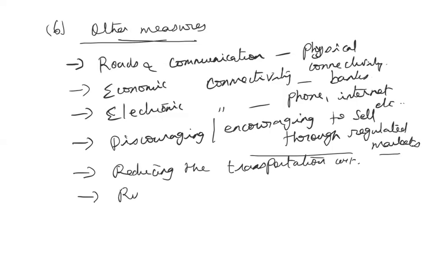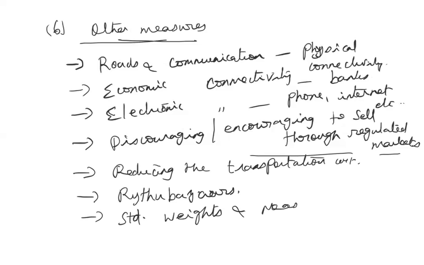The Raitu Bazaar, a novel idea in Andhra Pradesh, directly eliminates the middlemen, directly selling the commodities to the customers. So Raitu Bazaars and standard weights and measurements. If they are selling through regulated markets, all these are ensured. And we have already seen warehousing facilities even in the rural areas.